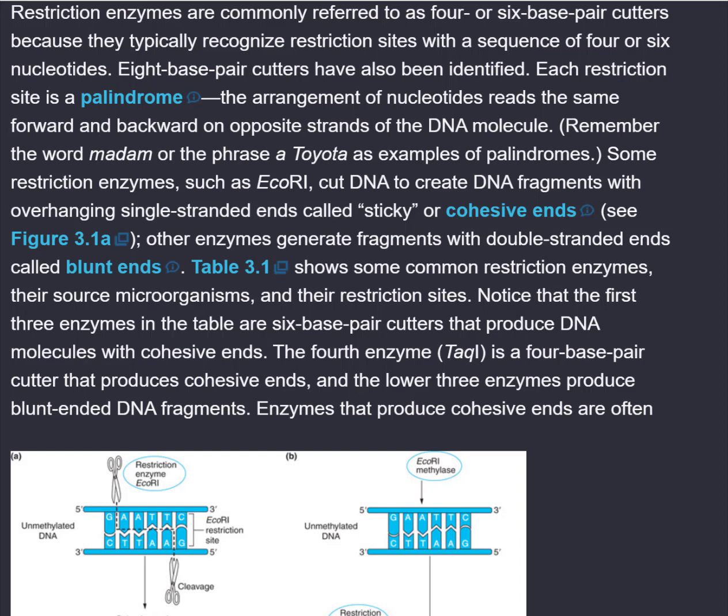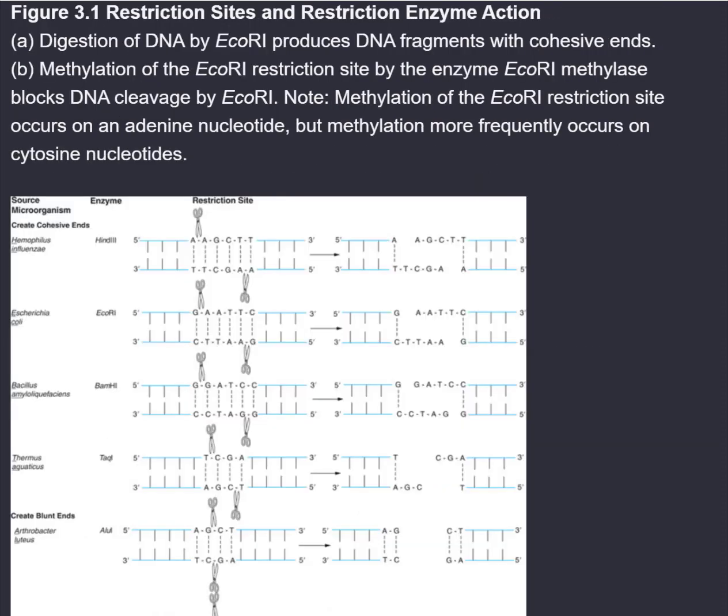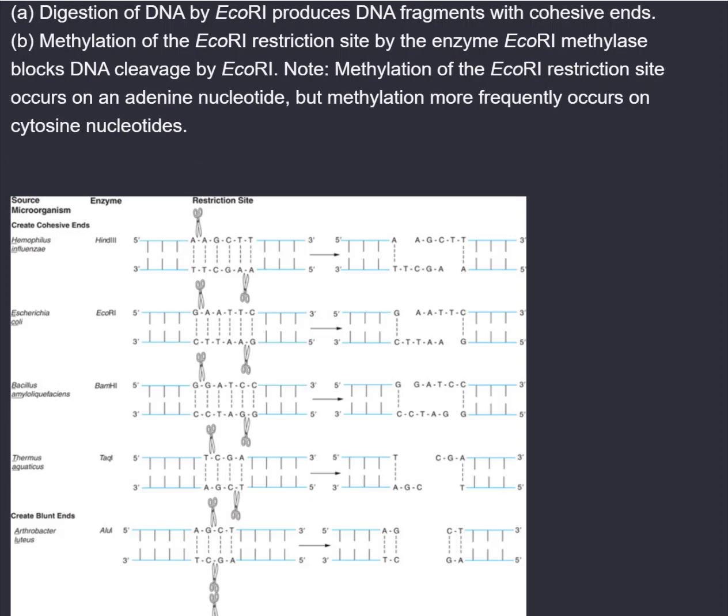Figure 3.1 Restriction sites and restriction enzyme action. A. Digestion of DNA by EcoRI produces DNA fragments with cohesive ends. B. Methylation of the EcoRI restriction site by the enzyme EcoRI methylase blocks DNA cleavage by EcoRI.